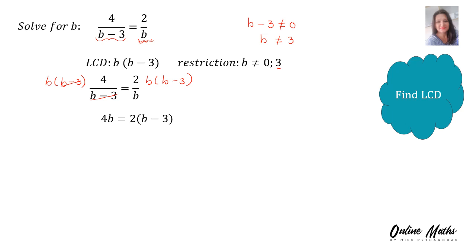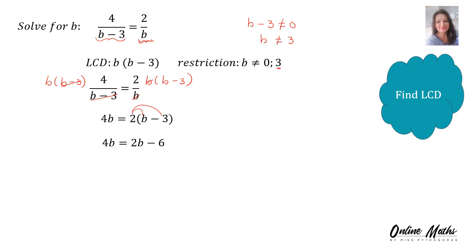I'm left with 4b. And then b and b can cancel. And I'm left with 2 bracket b minus 3. So in the next step, I'm going to multiply in the 2. And it becomes 4b is equal to 2 times b is 2b. And 2 times -3 is -6.